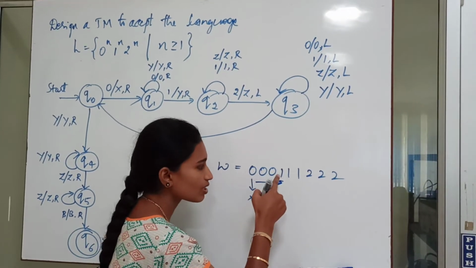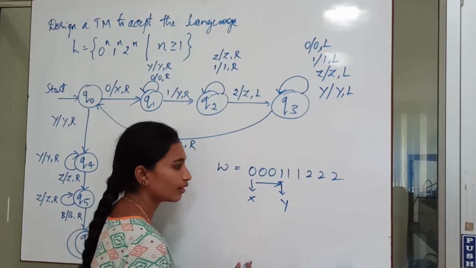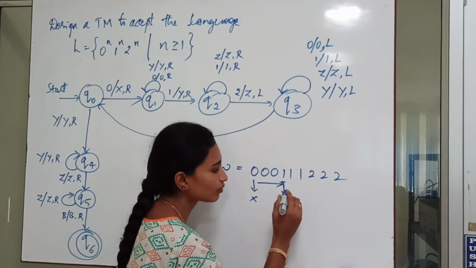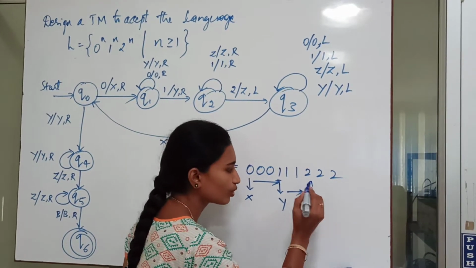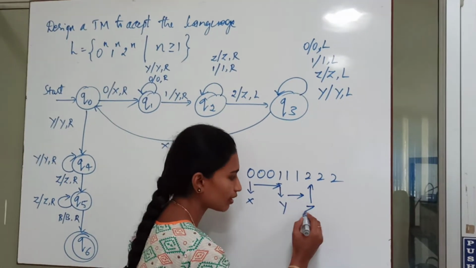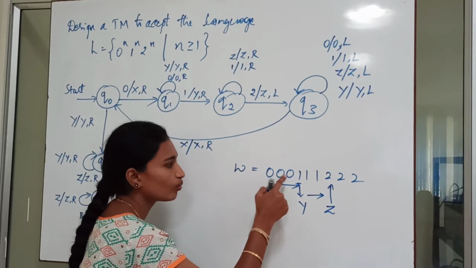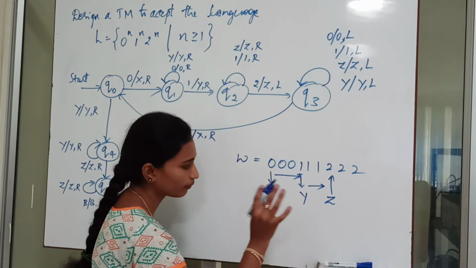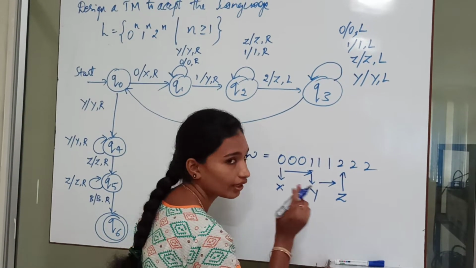As soon as we scan the leftmost 1, it is replaced by y. Though we have several ones, keep moving right until we find the leftmost 2. As soon as we find it, it has to be replaced by z. So now there is a match: 0, 1 and 2 are correspondingly replaced by x, y and z.